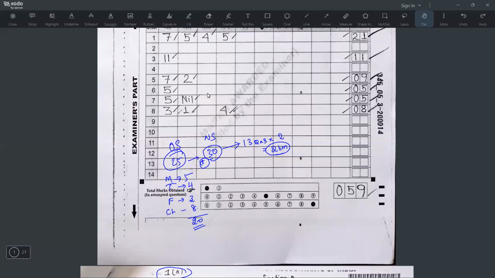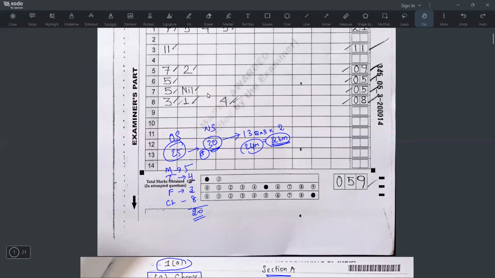For 25, you need to get 20. For 30 marks, you need to get 26. Worst scenario, 24. Maximum, you can get 30 out of 30. It's also up to you. Okay, so what you need to do is just go behind the concepts. Conceptually, you need to be very strong.